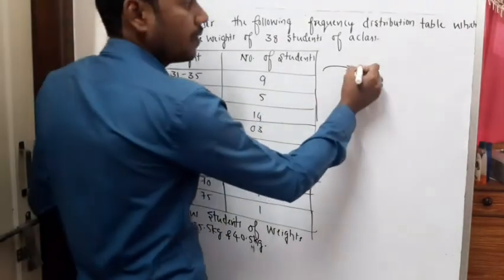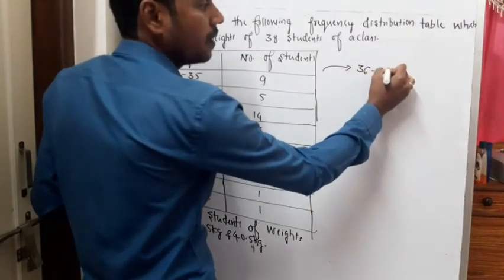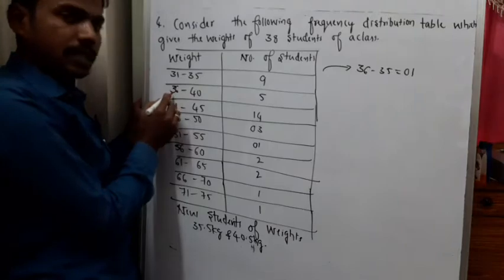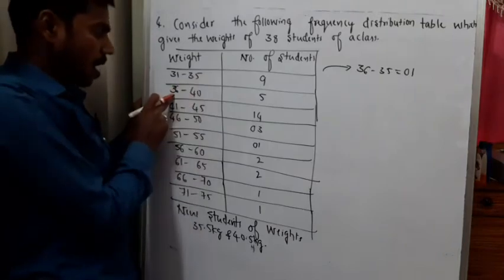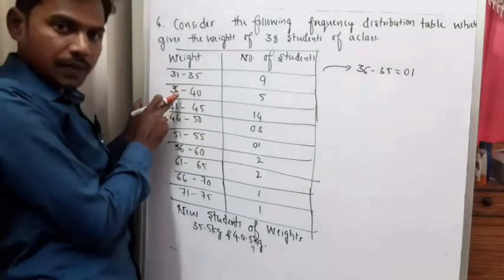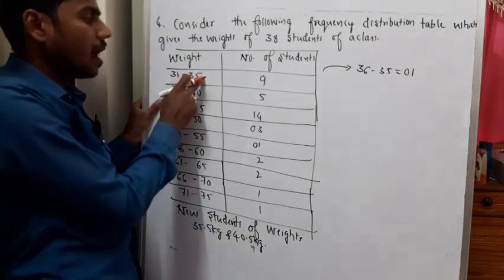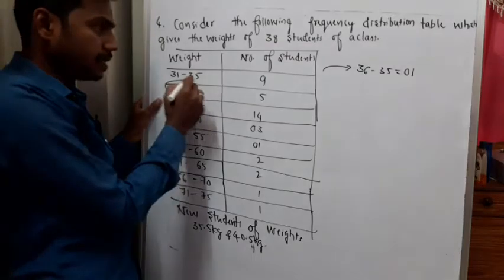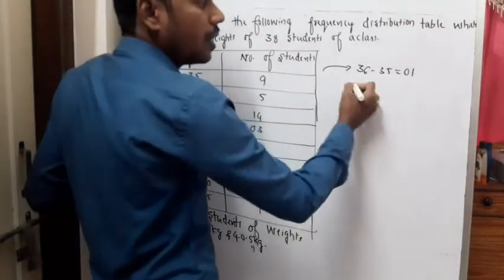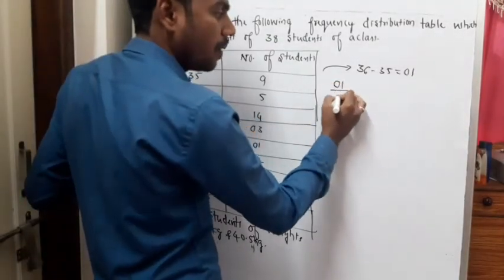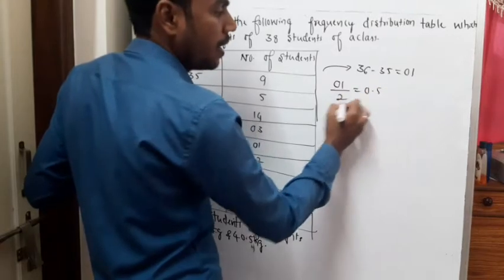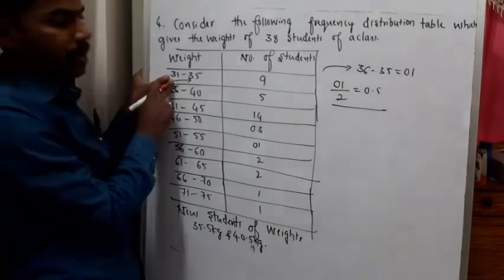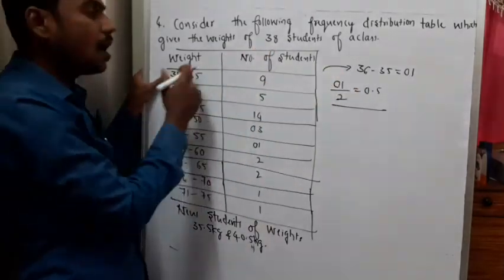The difference is 36 minus 35, which is 1. Now divide it by 2. 1 divided by 2 is 0.5. You need to subtract 0.5 from the lower limit and add 0.5 to the upper limit.